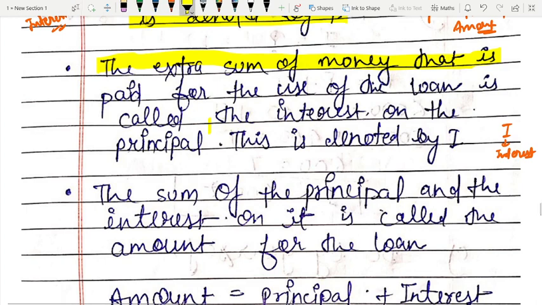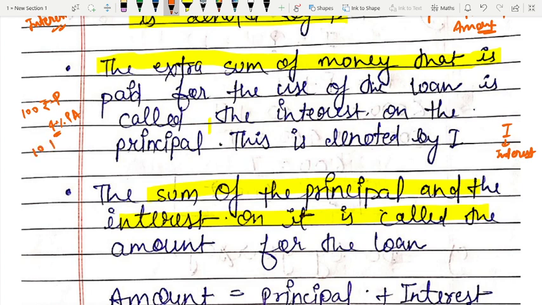The next point is the sum of principal and the interest. How much amount will the bank receive? If you have taken 100 rupees from the bank, it is your principal, and 4% per annum means that you will give 4 rupees extra over 100 rupees.